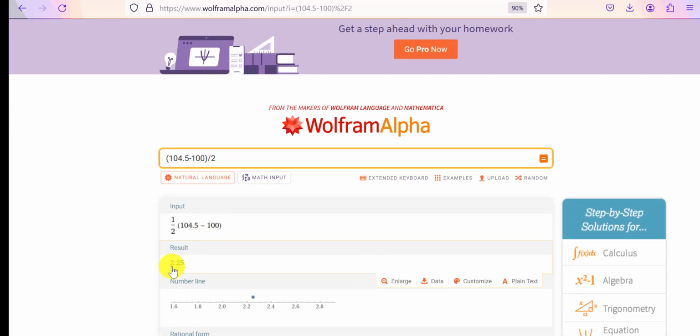And that tells me my result is 2.25. It's very important that you put parentheses here because you want to divide the entire numerator by 2. You don't want to just divide the last number there, 100 by 2, but you want to divide everything by 2, and that's why I include the parentheses there.